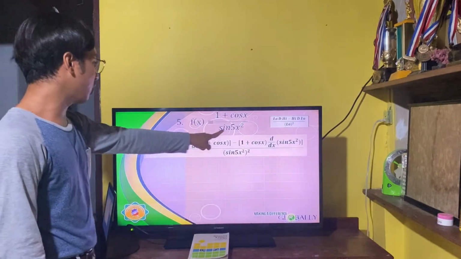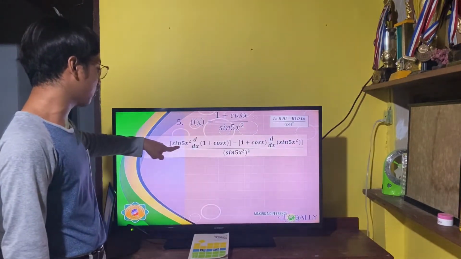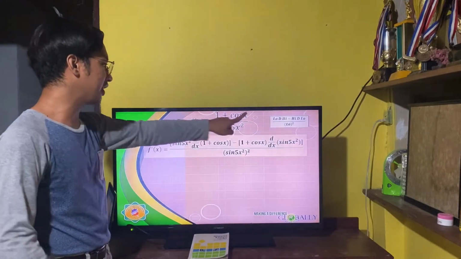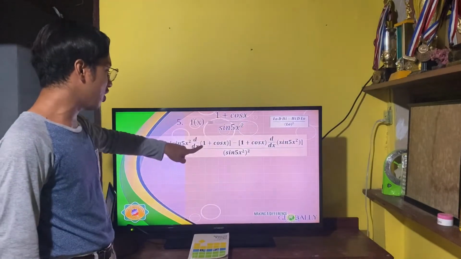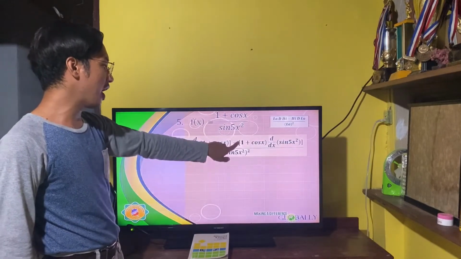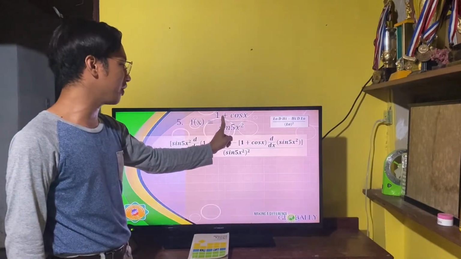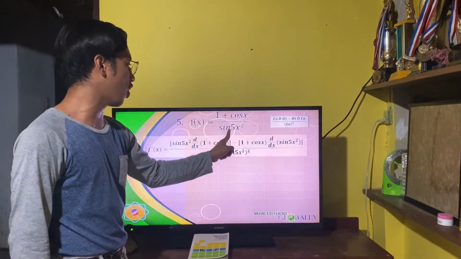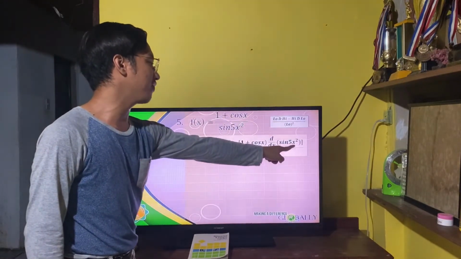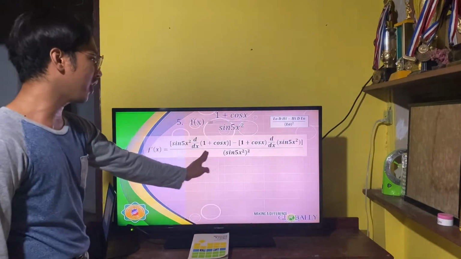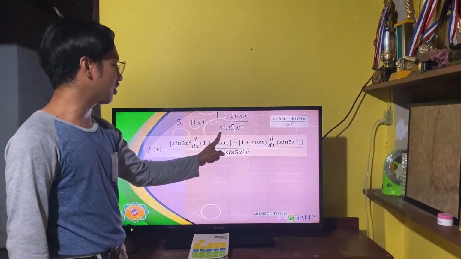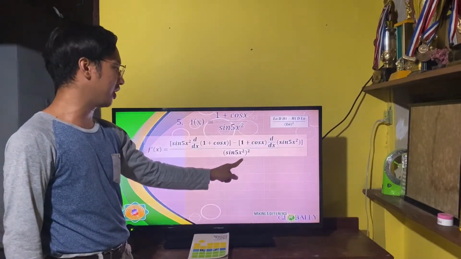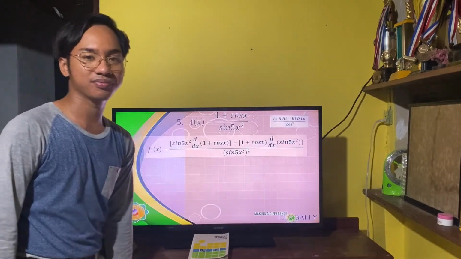So our low is sine 5x squared, and then the derivative of our numerator 1 plus cosine x, minus our numerator 1 plus cosine x times the derivative of our low, which is sine 5x squared, all over our low or the denominator, sine 5x squared, raised to 2.